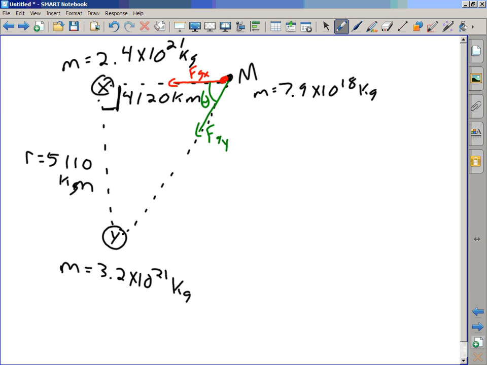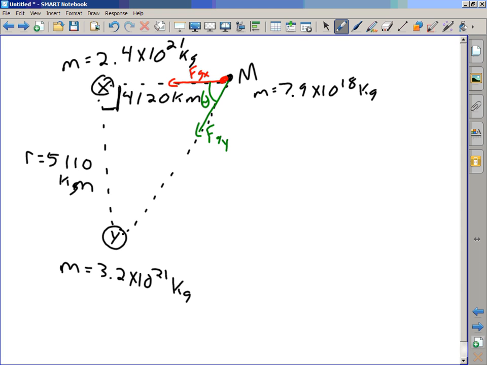By the way, how would I figure out the magnitudes of these vectors? How do I figure out what force of gravity from X actually is? Yeah, using our equation. Force of gravity equals G m1 m2 divided by r squared. So that gives me the magnitude, and I know the angle for FGX. It's going to be 180. Same thing to figure out the magnitude of FGY.